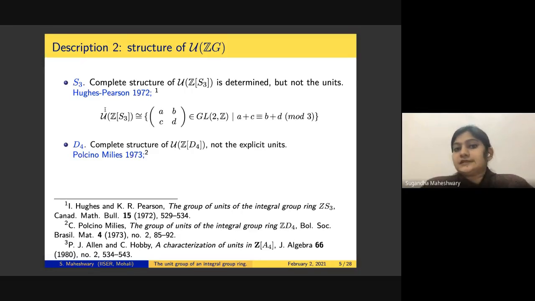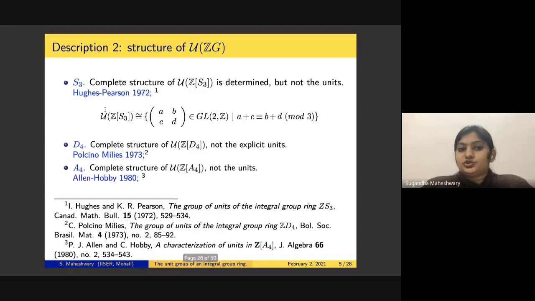And in the case of A4, it is shown to be isomorphic to a subgroup of SL3(Z). But in all these cases, it is only the structure that has been described, that it is isomorphic to a subgroup of this kind satisfying some conditions, and nothing has been said about the explicit units in these group rings.